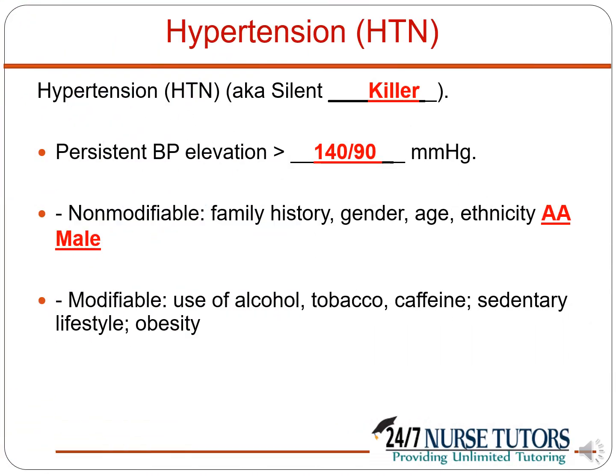Hypertension is defined as a persistent elevated blood pressure of 140/90 millimeters of mercury. Some medications used for hypertension include beta blockers, ACE inhibitors, and calcium channel blockers. What are some non-modifiable risk factors?